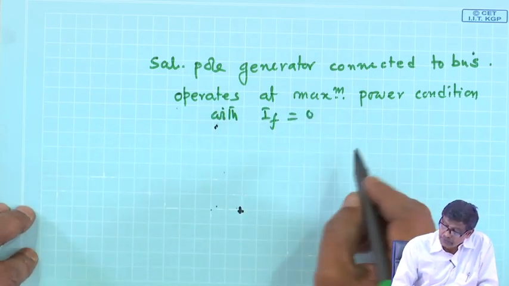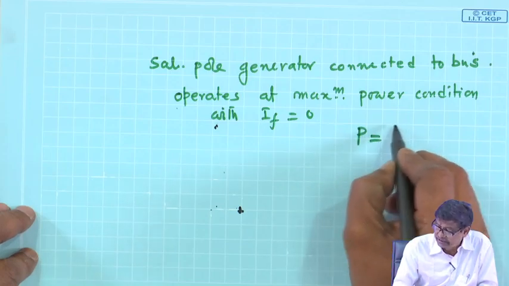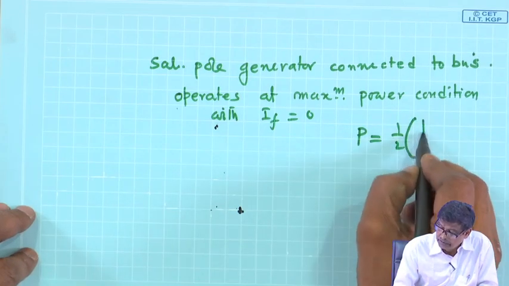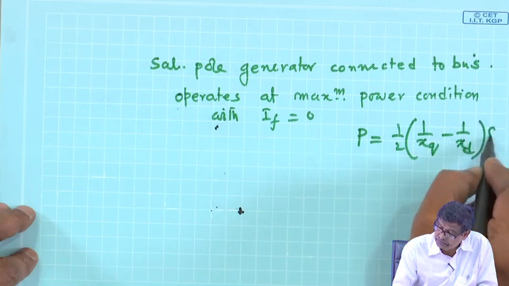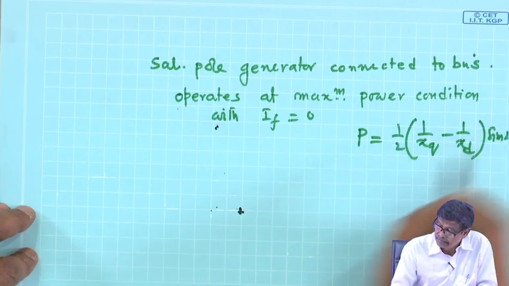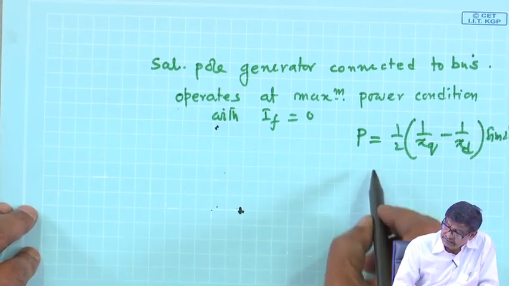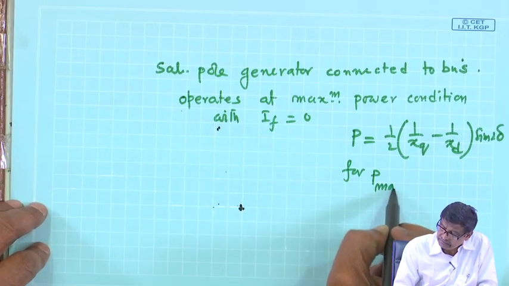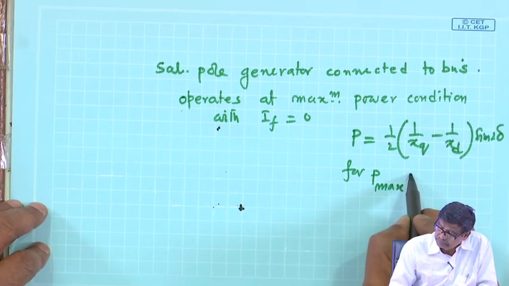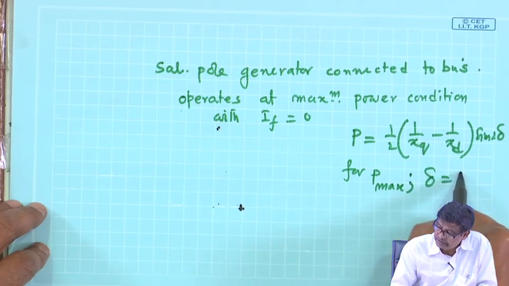Then what do I do? The expression for power in such a case is half (1 by XQ minus 1 by XD) sin 2 delta. So, in this case for P max, delta must be 45 degrees.